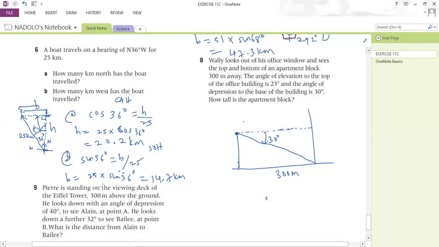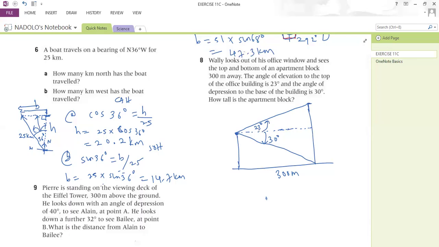So for this case, we are going to draw where the angle of elevation is to the top of the office building. That should be from the level ground, this guy will look up to the top of this building, and then the angle of elevation should be 23 degrees as required.